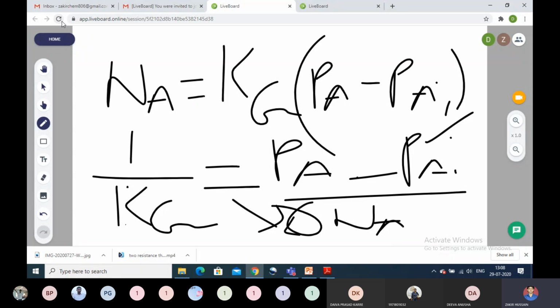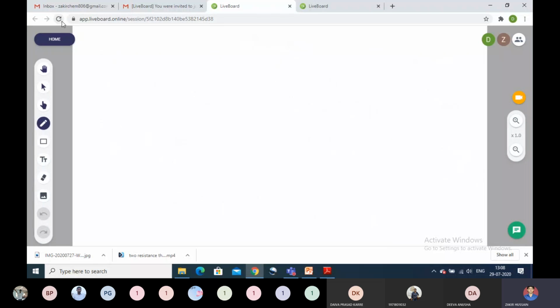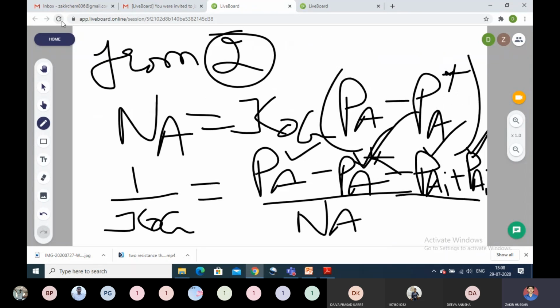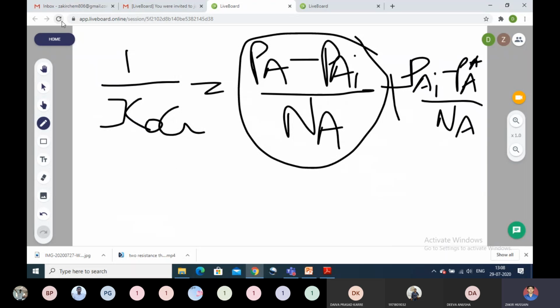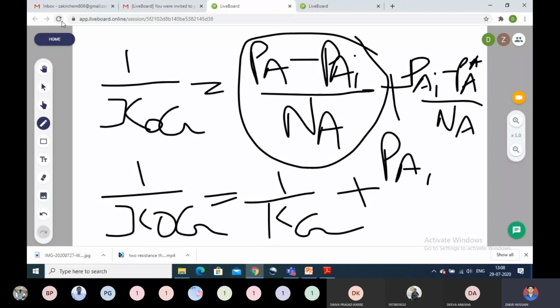From this equation, PA minus PAI by NA is nothing but 1 by kg. So 1 by KOG is equal to 1 by kg plus PAI minus PA star by NA.